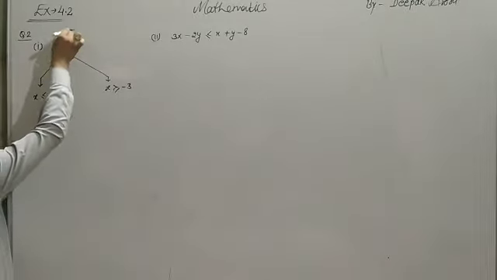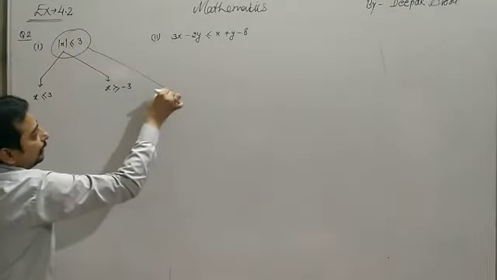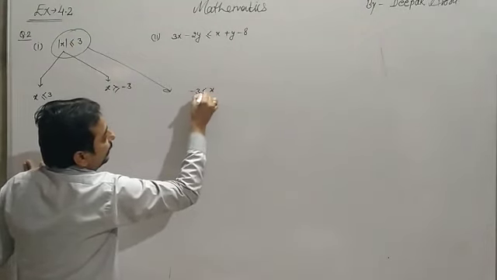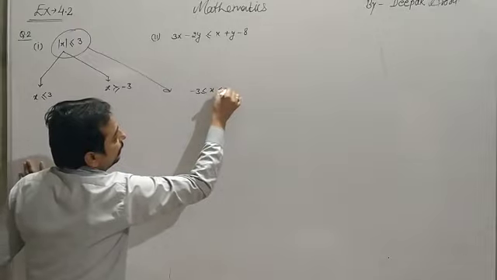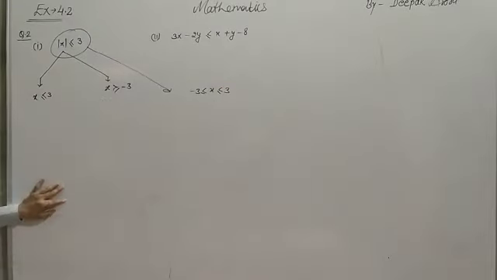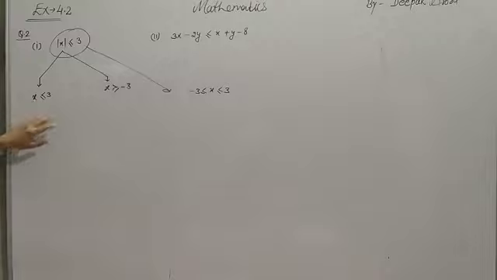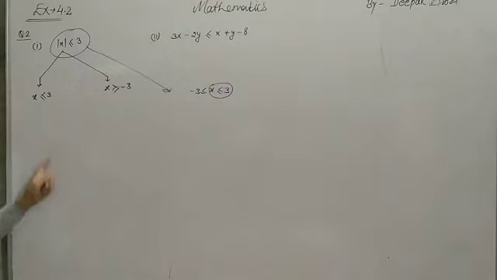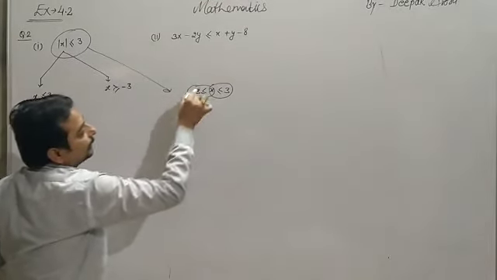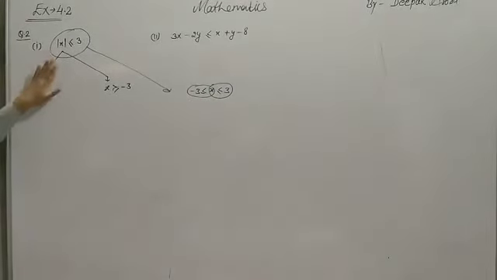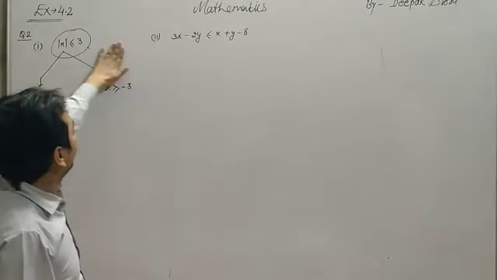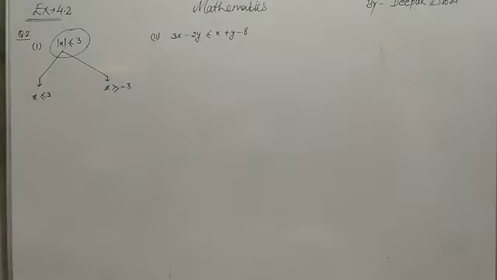Or we can write mod of x as x greater than or equal to minus 3 and less than or equal to 3. Similarly we break it into x less than 3 and x greater than minus 3.